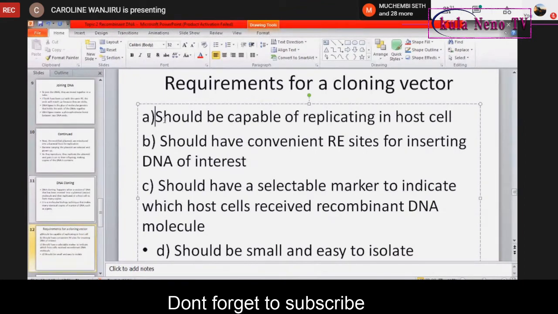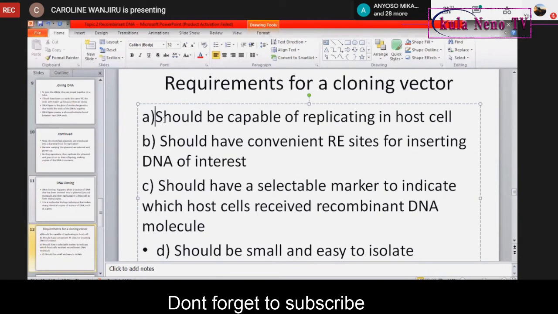It should also have a selectable marker to indicate which host cell received the recombinant DNA molecule. Once you get to insert the new gene, not all plasmids will receive it. Remember, this is a genetic way, something you're putting inside, you're shaking, and you're hoping that plasmids received the gene of interest.